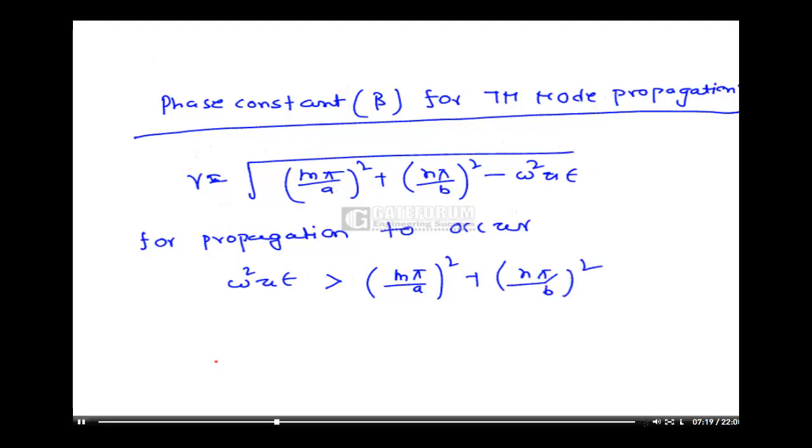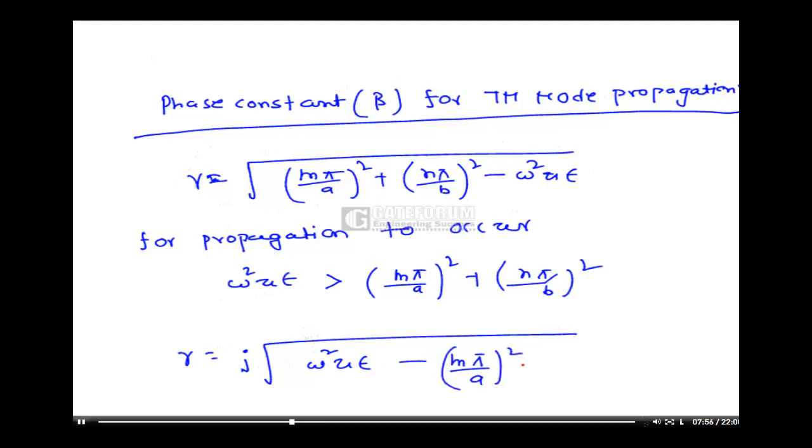So we already discussed these things. Suppose this condition is satisfied, then what happens? Gamma is equal to... since ω²με is greater than this value, we can take minus common, because the result is only minus. If you take minus common, I can write it as j squared. So it is j times square root of ω²με minus (mπ/a)² minus (nπ/b)².